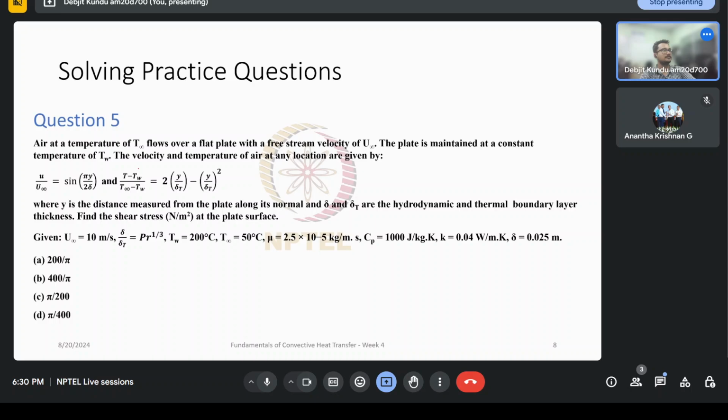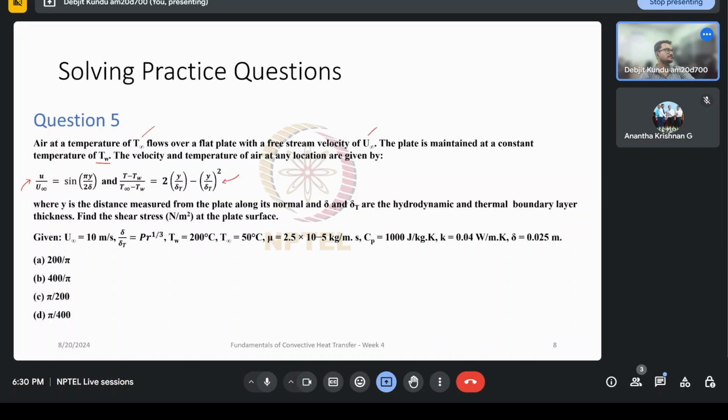It's telling us that air at a temperature T infinity flows over a flat plate with a free stream velocity of U infinity. Now, given the plate is maintained at a constant temperature of TW, and the velocity and temperature at any location are given by these formulas. So I have the sinusoidal velocity profile and a second order temperature profile.